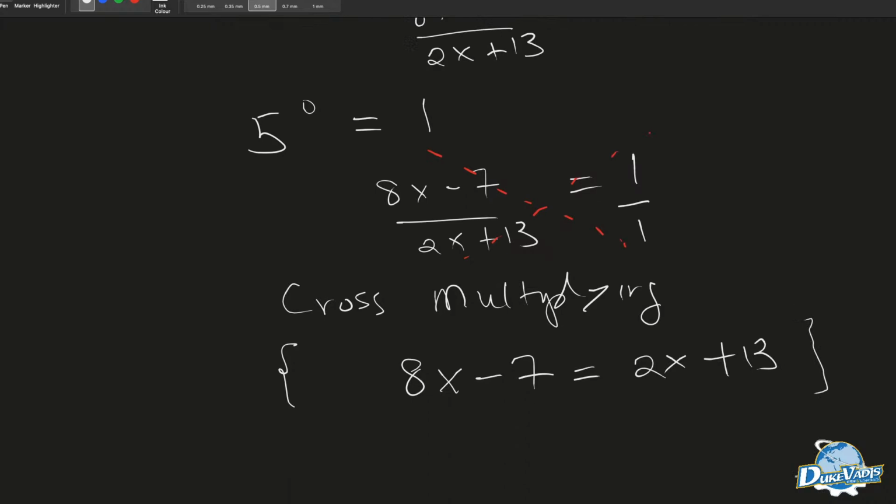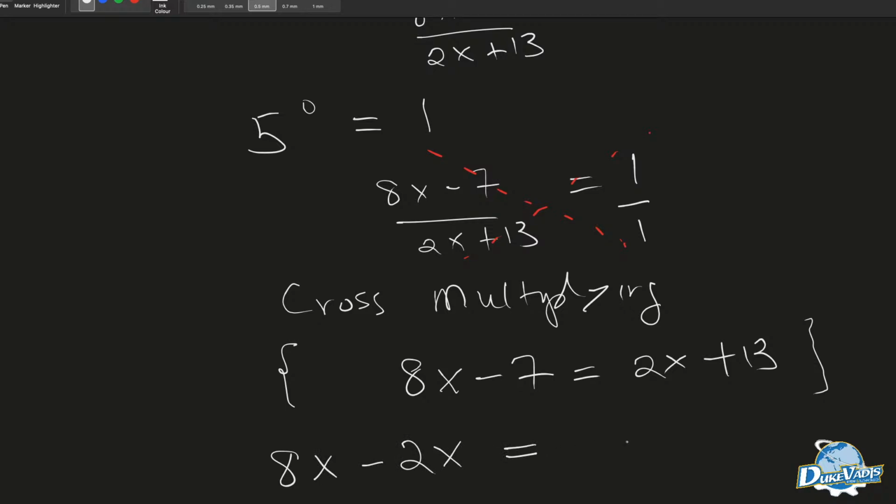So let's group the like terms. In an equation, as we said earlier, whatever you do to the left, you do the same to the right. So when I move 2x from both sides, I get 8x minus 2x.